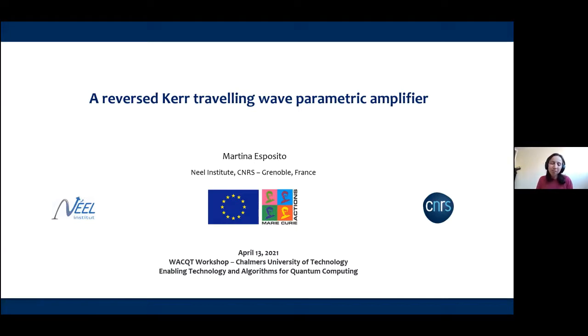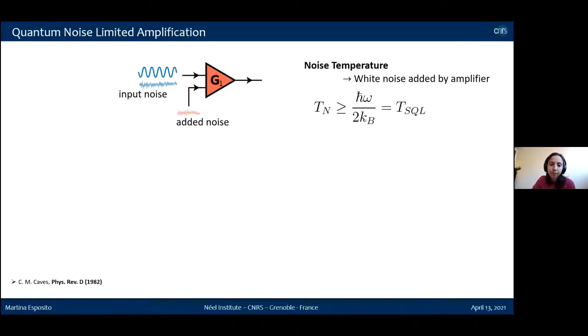Thanks a lot. So in this talk, I'm going to give you an overview of our latest results about developing a traveling wave parametric amplifier with a new phase matching mechanism that we call reverse Kerr phase matching. So just to start, a quantum noise limited amplifier is a very important tool in many frameworks, in particular in quantum technologies.